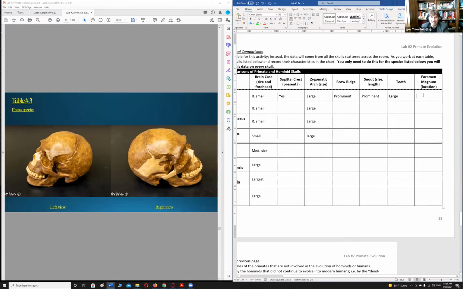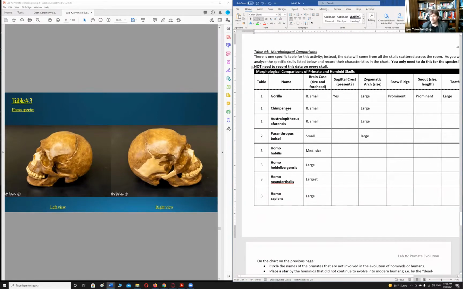Foramen magnum location. Since gorilla is a quadruped, it would be where? Back of the skull. Oh, we can say to the back. And we presume it's the back of the skull. So any quadrupeds, and out of the quadrupeds we have gorilla and chimpanzee.